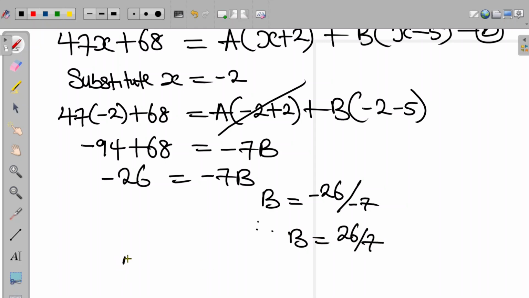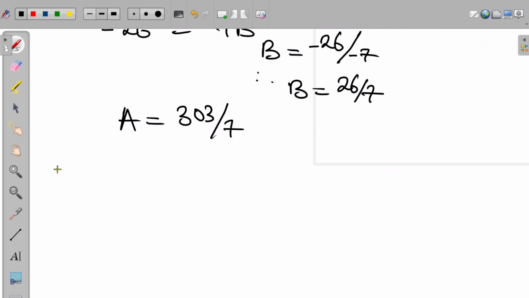But recall that a we obtained to be 303 divided by 7. So at this point, we have obtained the value of a and the value of b. Let us substitute these values into our compound fraction.